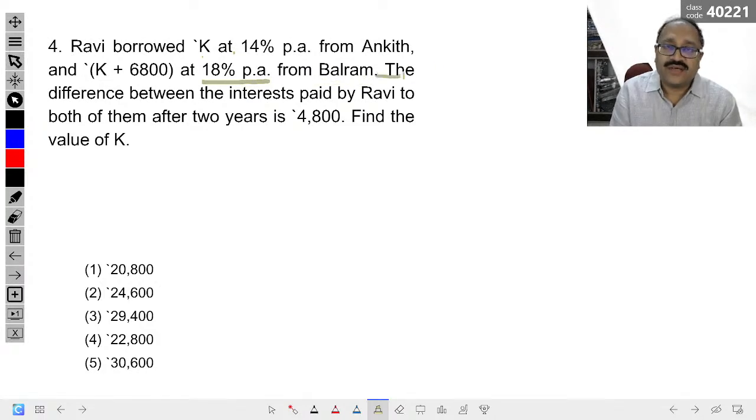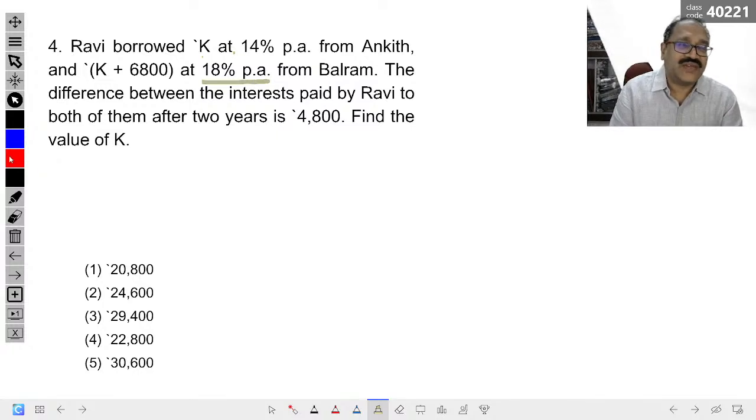Okay, now the difference between the interest paid by Ravi to both of them after 2 years is 4,800, the difference of interest. Now your question is, find the value of K.